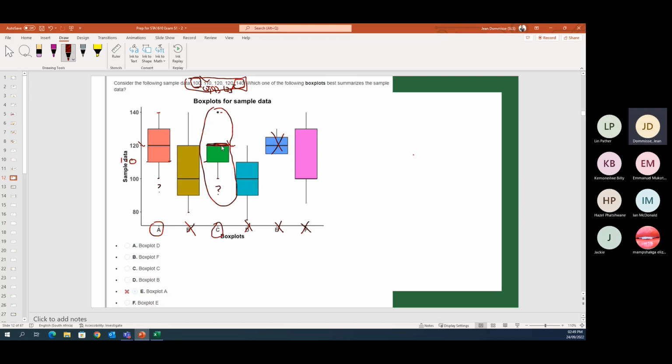We would have expected 100, 110, 120, 130, 140, then it would have been this one. But what this now tells us is that 140 is a bit of an outlier, and that is why option C is the correct one and not option A.